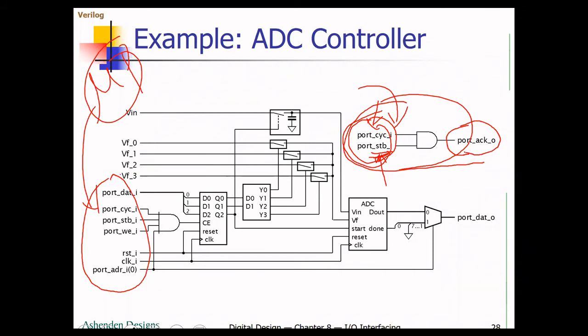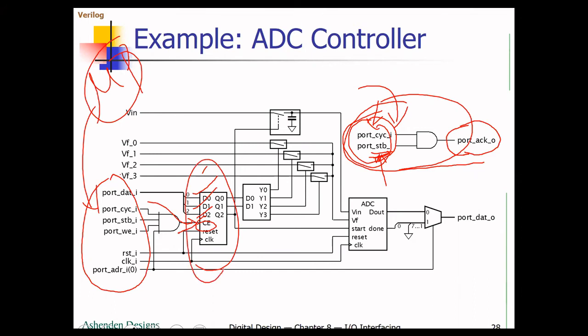Here you can see D0, D1, D2 and chip select. C is nothing but chip select. If you enable this, then only the whole thing is going to happen.